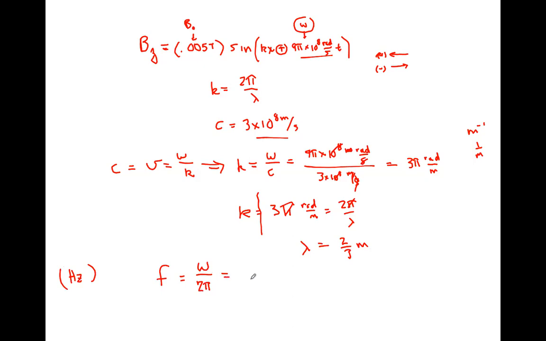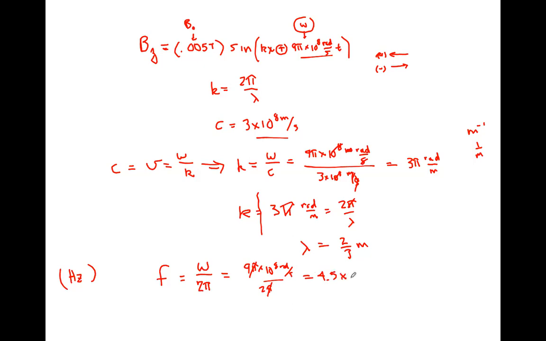And so I suppose if I've got 9 pi times 10 to the 8th radians per second, and you divide by 2 pi, what's that, 4.5 then? Pi cancels, so it'd be 4.5 times 10 to the 8th hertz.